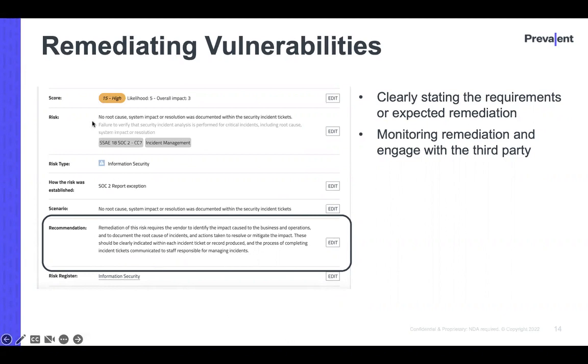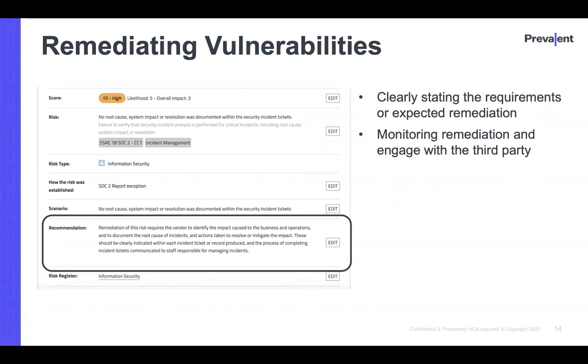So in this case, thinking about a lack of root cause, system impact, or resolution that's documented across security incident tickets, we may develop a remediation that states we require vendors to identify the impact caused to business operations. It needs to be documented, the root cause of incidents and actions taken to resolve.